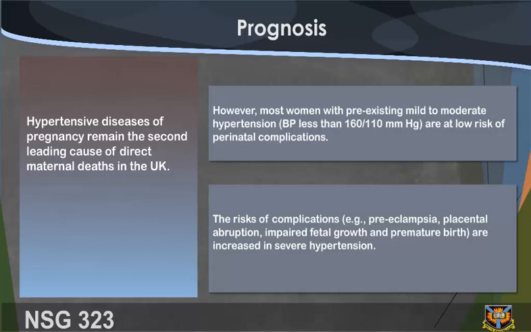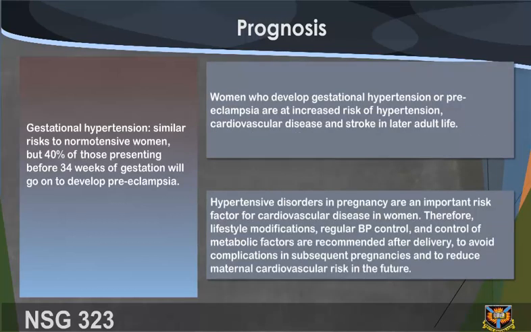The risks of complications, e.g., preeclampsia, placental abruption, impaired fetal growth, and premature birth, are increased in severe hypertension. Gestational hypertension: similar risks to normotensive women, but 40% of those presenting before 34 weeks of gestation will go on to develop preeclampsia.